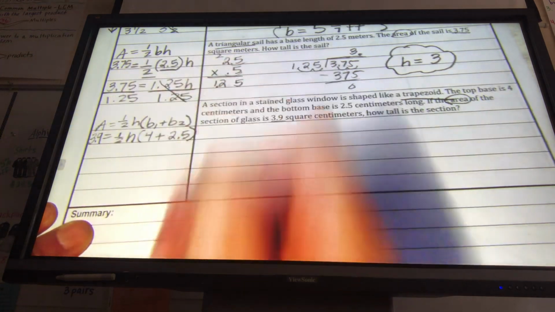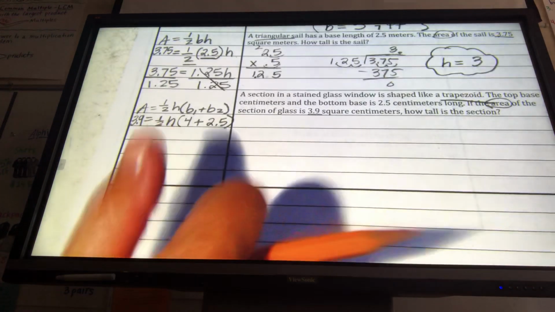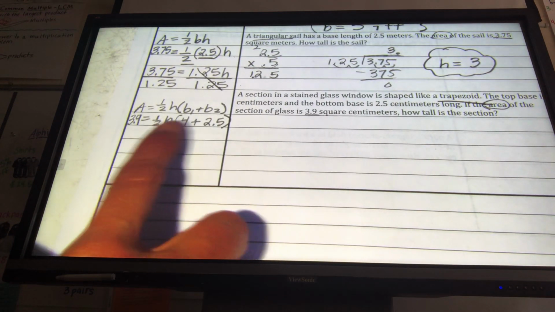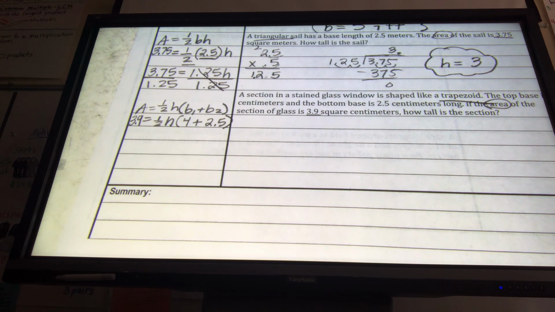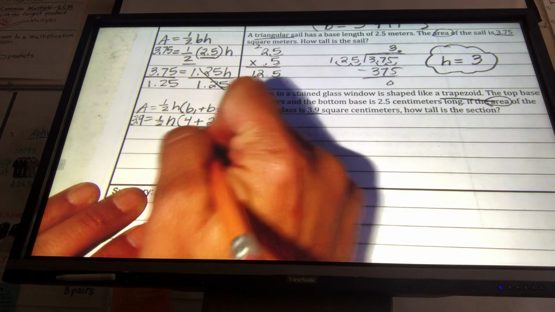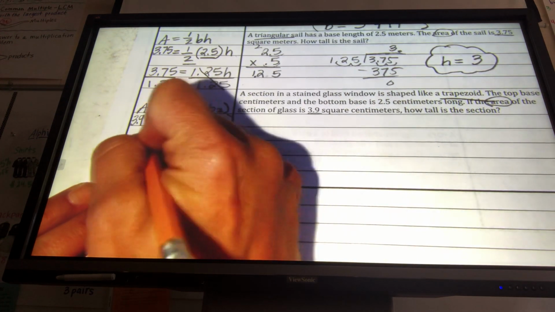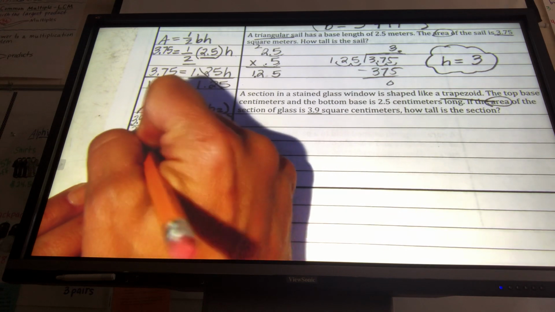So on this one, I'm going to need to do the math that's on the same side as the variable. So the math that we can do first is 4 plus 2.5. And what do I get? 6.5. So 6.5 h half equals 3.9.